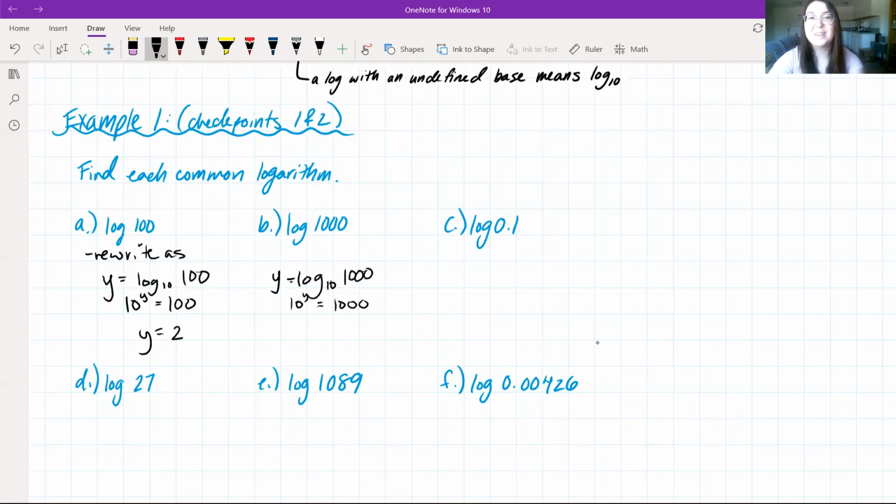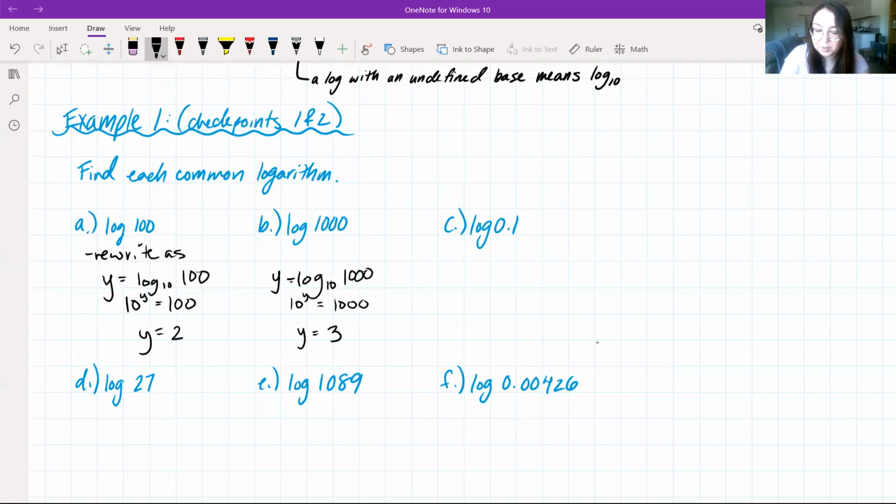So we can take a moment and deduce what exponent of 10 will create 1,000. And we get y equals 3, so 10 to the third power will give us 1,000.